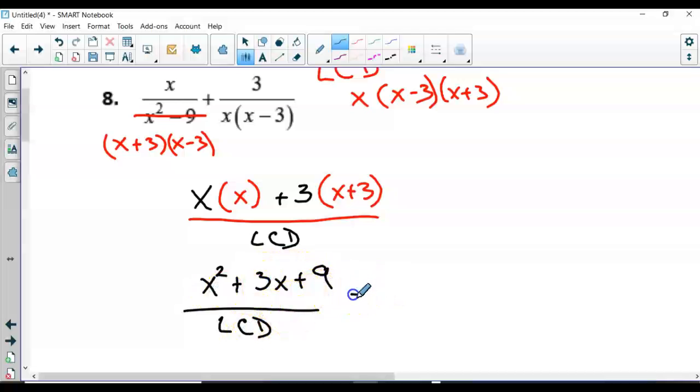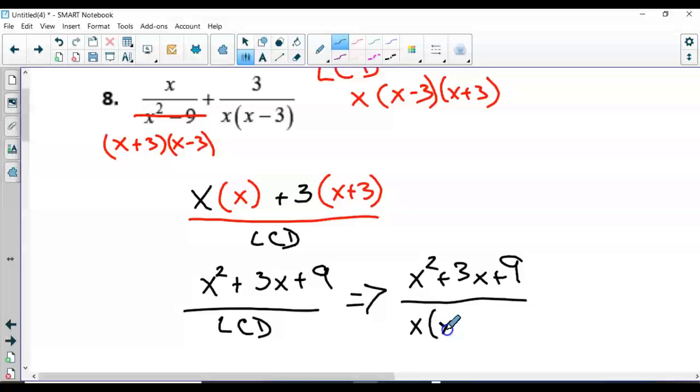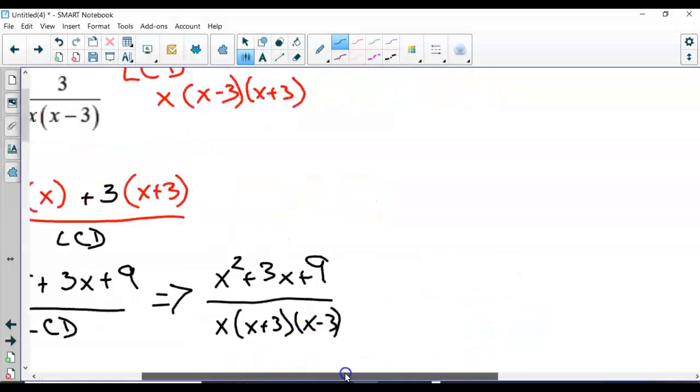So let's rewrite this with the LCD as our denominator. So we have x squared plus 3x plus 9 over the LCD. We're just going to leave it in factored form, which is fine: x plus 3, x minus 3.